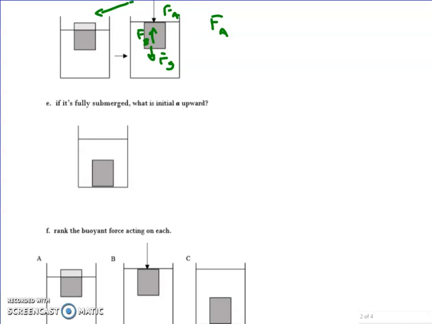If we work out the forces, the applied force is nothing more than the new buoyant force minus the weight of the object. I'm just going to put a prime there to indicate it's going to be a different buoyant force than the one above. So this simply is the density of the fluid times Vg on that one. So that's pretty straightforward.